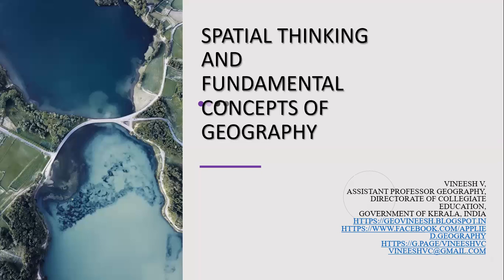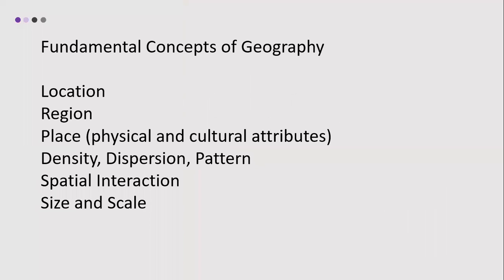So, what is spatial thinking? It is very simple: thinking spatially. Thinking in connection with location, region, and the connection between location and place. How we define place, and density, dispersion, pattern. How these are connected geographically or spatially.